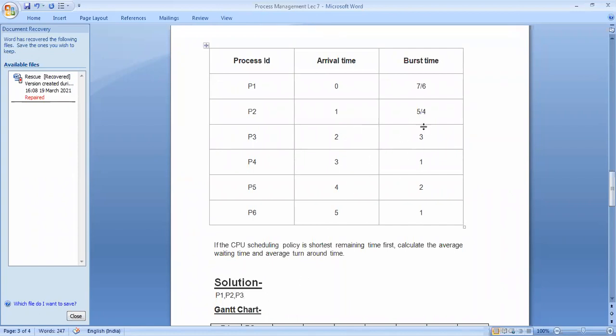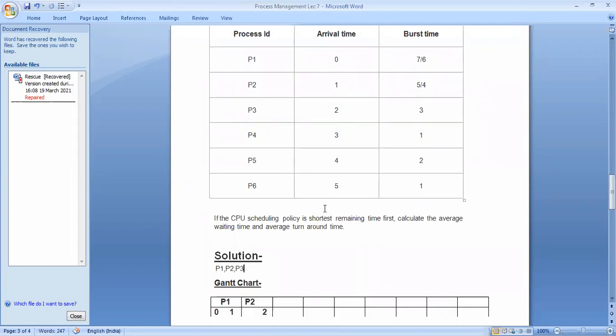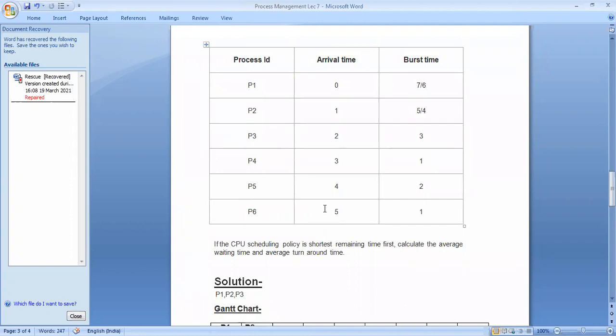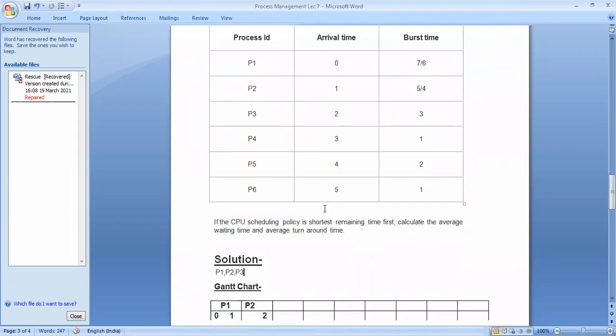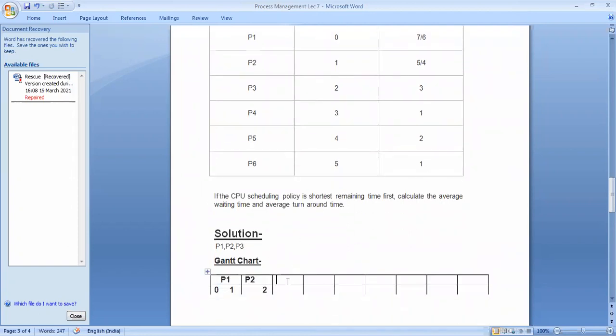P3 burst time is 3, P2 is 4, and this one is 6. Here we apply this algorithm, shortest remaining time first. Now P3 has the least burst time, so the P3 process will execute. For how long? Now 3.